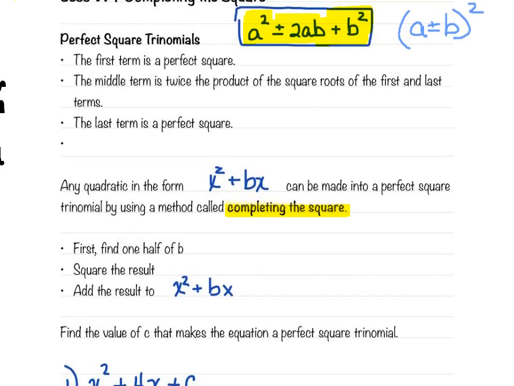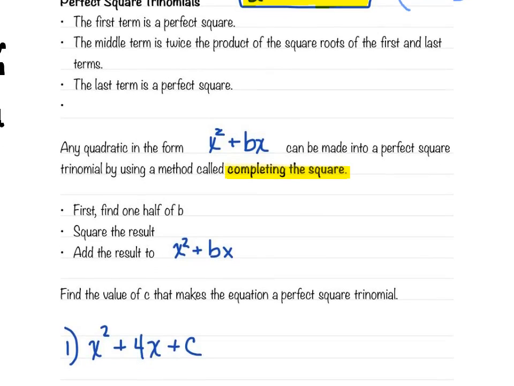Any quadratic in the form of x squared plus bx can be made into a perfect square trinomial by using a method called completing the square. Here are the steps that you are to follow. First, find 1/2 of b, then square the result, and thirdly, add the result to x squared plus bx.